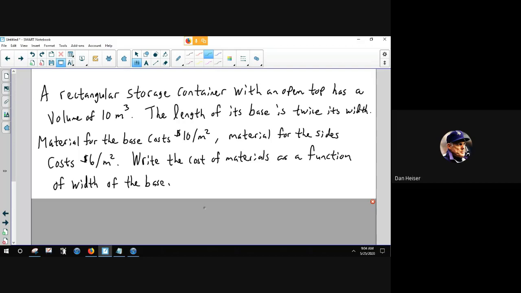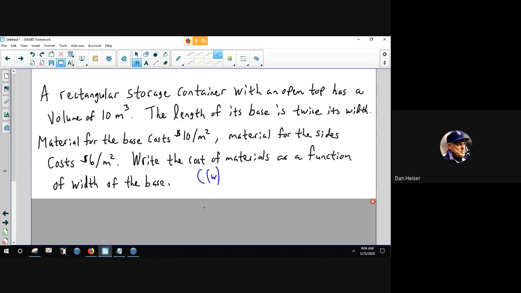We're given costs for materials to make both the base and the sides of this box. We want the cost of materials as a function of width. In other words, my goal here is to have W, or width, be the only variable. I want one variable, and I want to be able to calculate the cost using one variable.